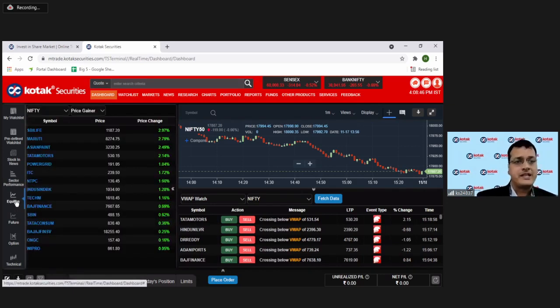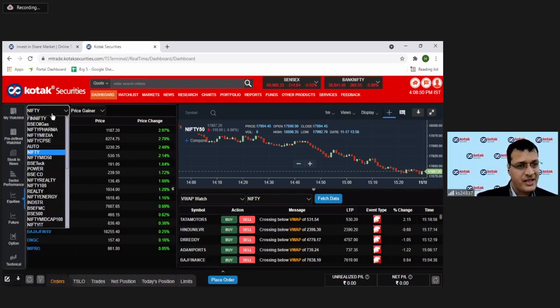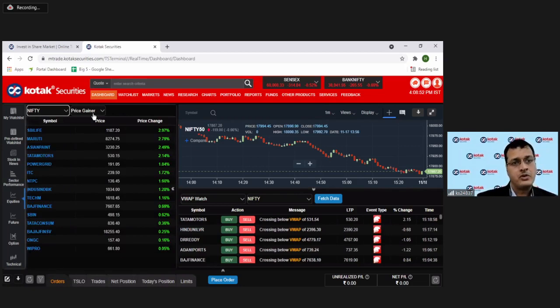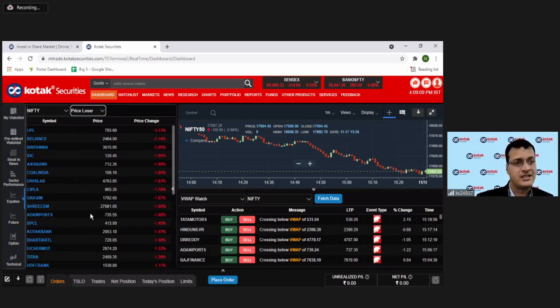Now equities. Now I want to see for Nifty 50, and I want to break it down by price gainers, like which stocks were gainers today. So these are the stocks which were gainers, like SBI Life, Maruti, and so on and so forth. All right. Suppose I want to see which were the losers of today. So these are the stocks which were losers.